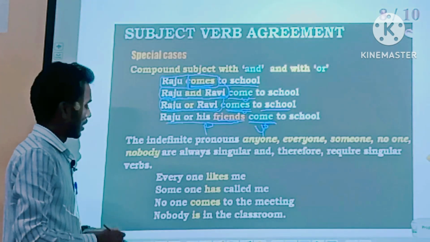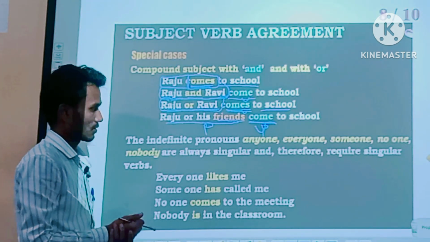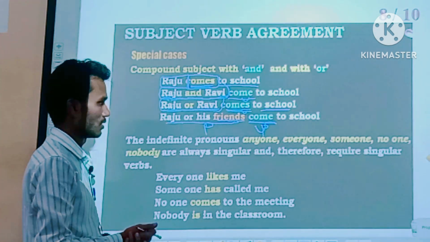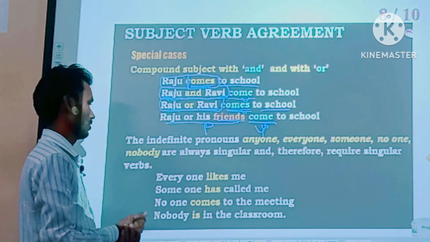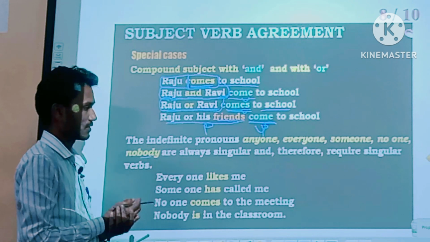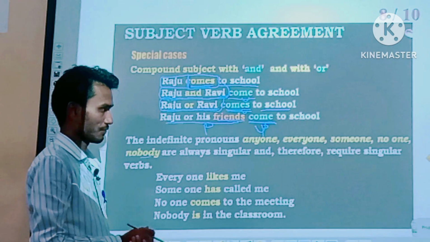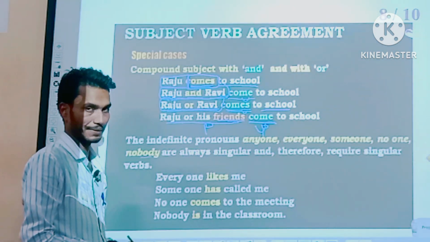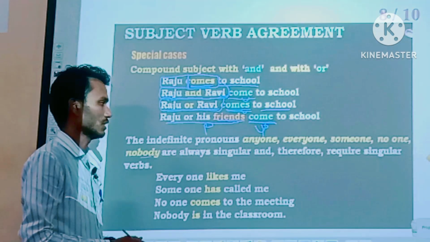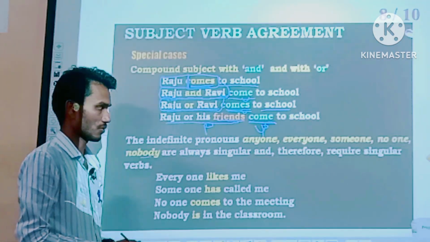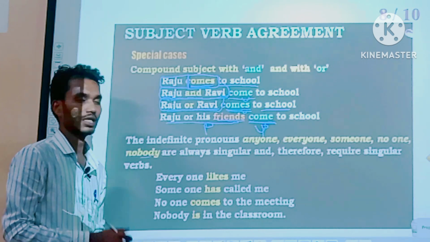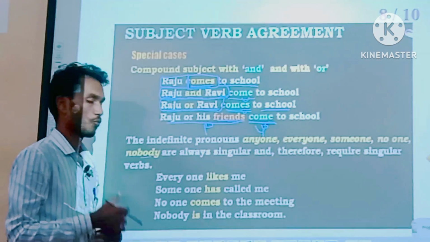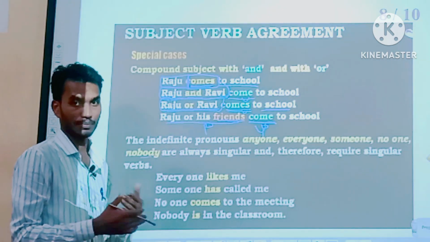Then the indefinite pronouns anyone, everyone, someone, no one, nobody are always singular and therefore require singular verbs, right? So these indefinite pronouns always stand for a singular subject.